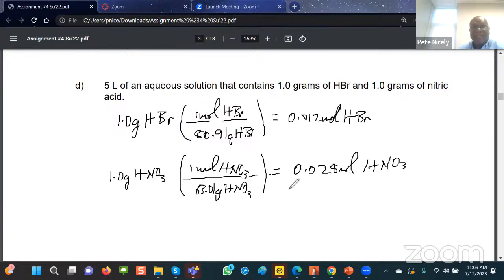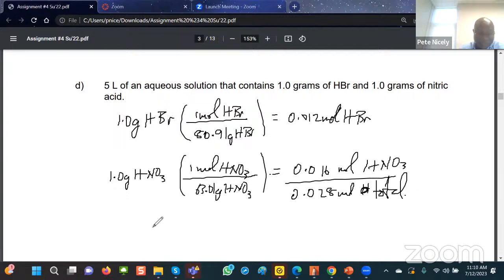And then we add these together. And when I did that, oh, wait a minute, my mistake. This is not correct. This should be 0.016. And then when you add them together, you get 0.028 moles total. Let me just put total here, all right?